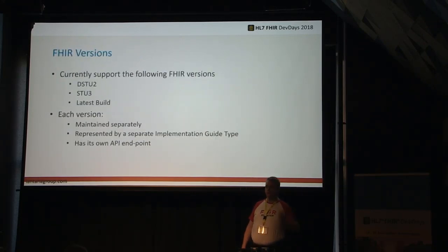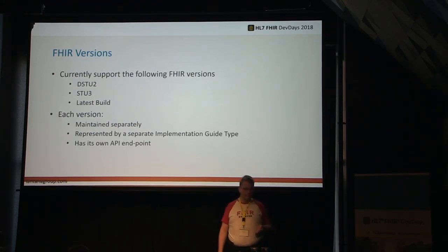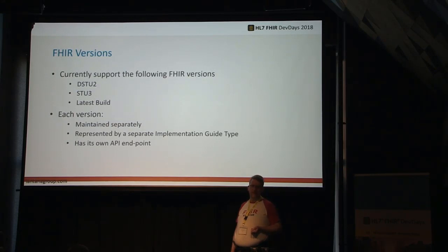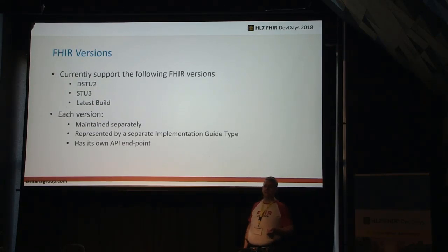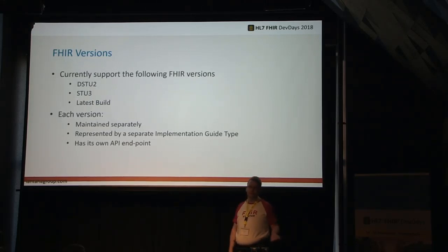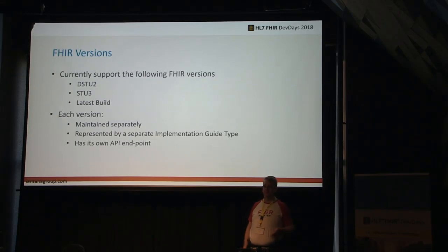Each version within Trifolia is maintained separately. They don't tend to play that nicely together. We recently made some changes in FHIR methodology that allow you to create a single implementation guide that supports multiple versions. So the IG publisher will shortly be changing to support that. Trifolia does not yet support that, but they've expressed an intention to do so. I presume that FHIR is going to be doing the same thing.